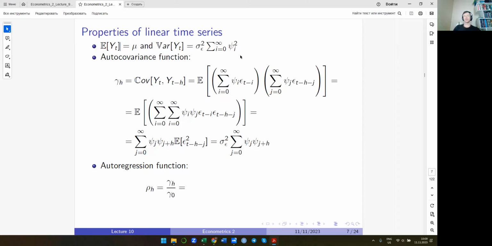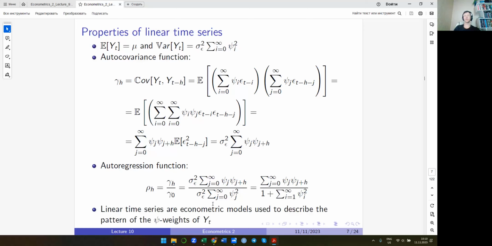Now, related to the autocorrelation function, if you take this autocovariance and this variance and divide them like this, what do we have? The sigmas cancel out, and we finally have this form.